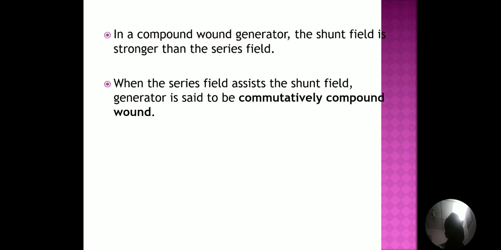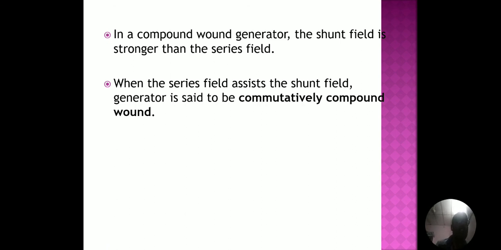From this, we have learned the classification of DC generators, that is mainly three types: permanent magnet DC generator, separately excited DC generator, and self-excited DC generator.